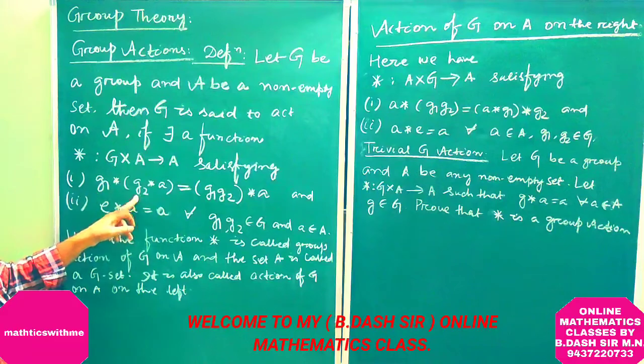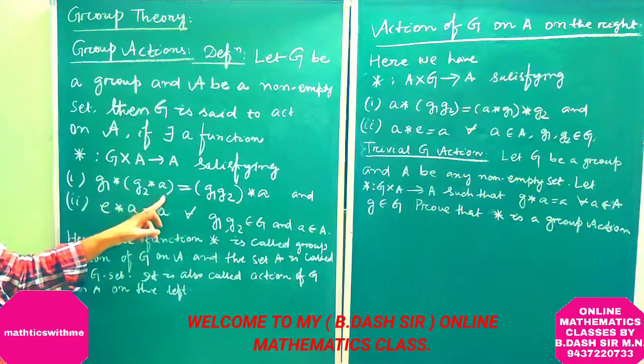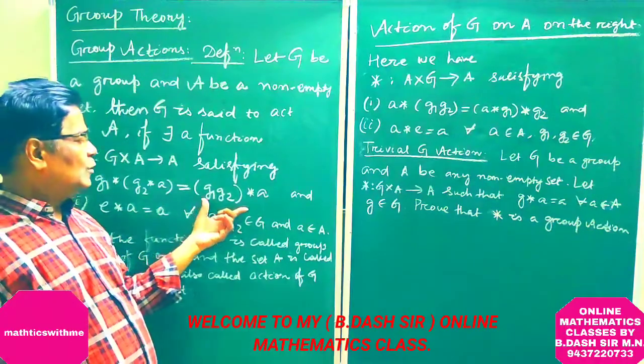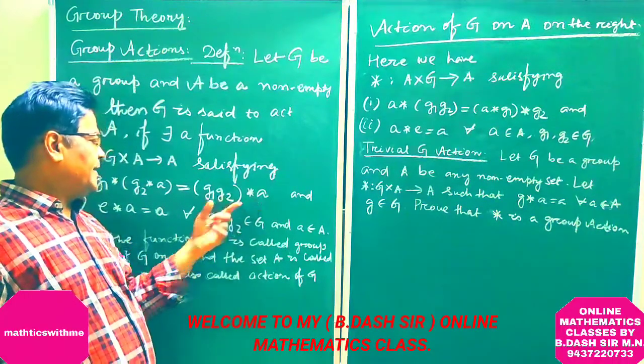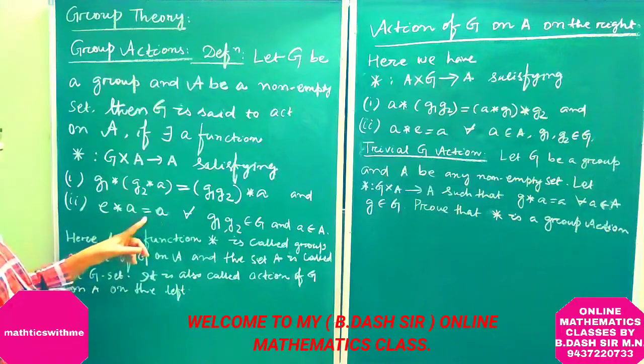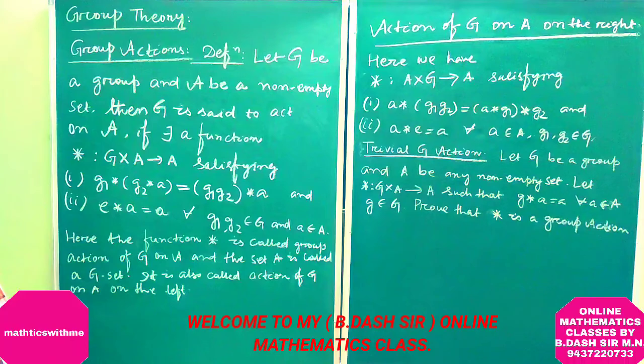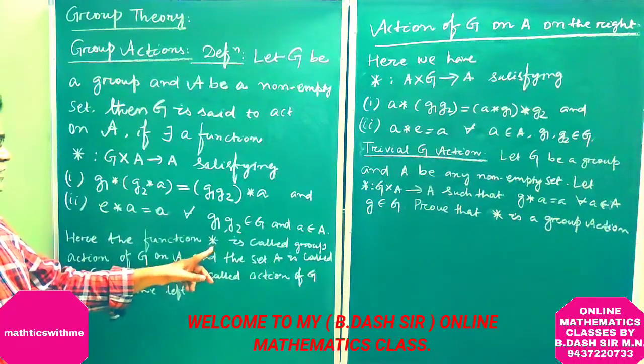First condition: (g1 star g2) star a is equal to (g1 g2) star a. The second: e star a is equal to a, for all g1, g2 belongs to G and a belongs to A. Here the function star is a function.